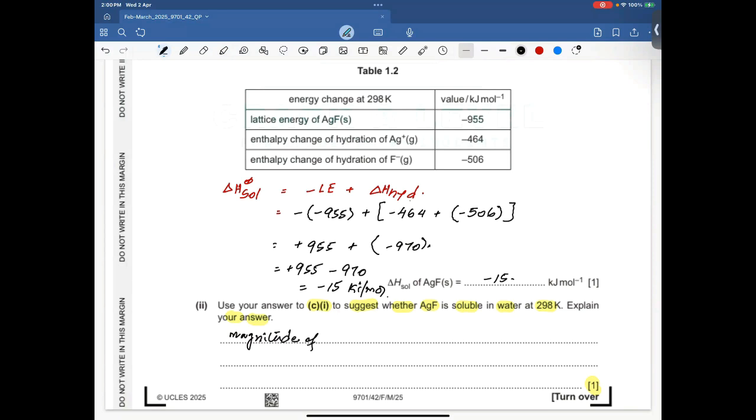Magnitude of hydration enthalpy is greater than lattice energy, hence standard enthalpy change of solution is exothermic.